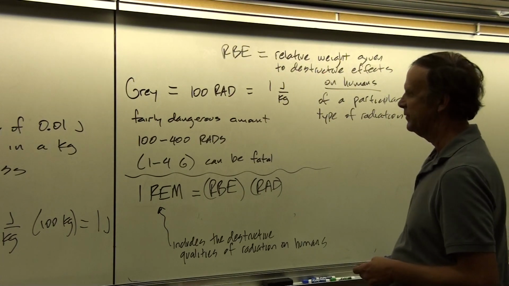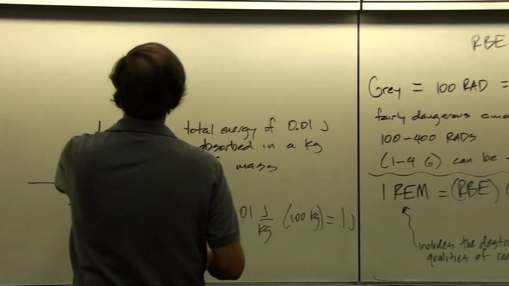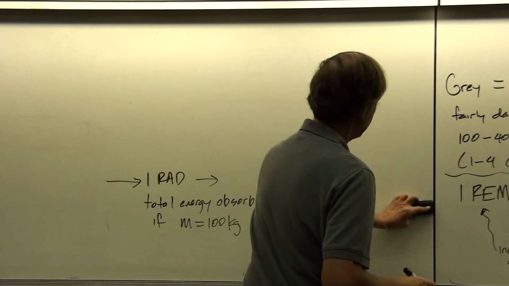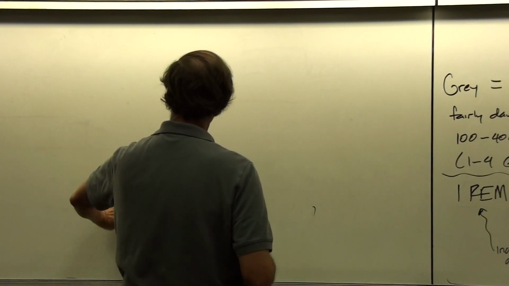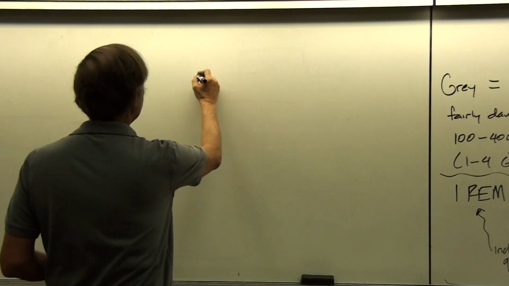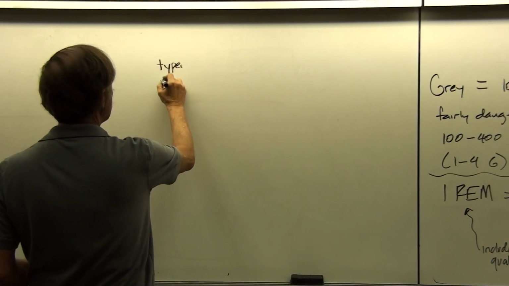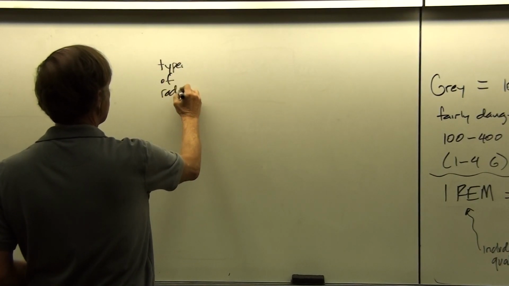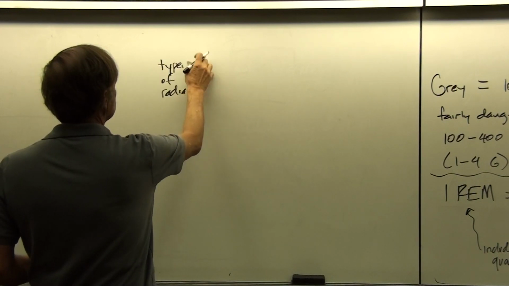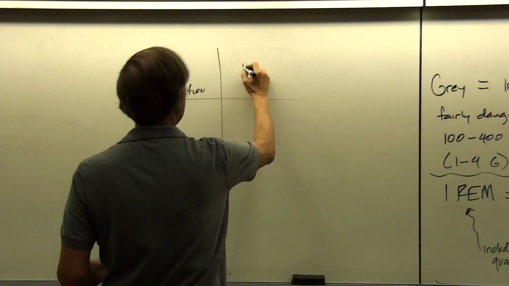So for example, we could set up a little table here. And by the way, these numbers aren't absolute. They depend on the energy of the particle too. We have the type of radiation here, and its RBE here.